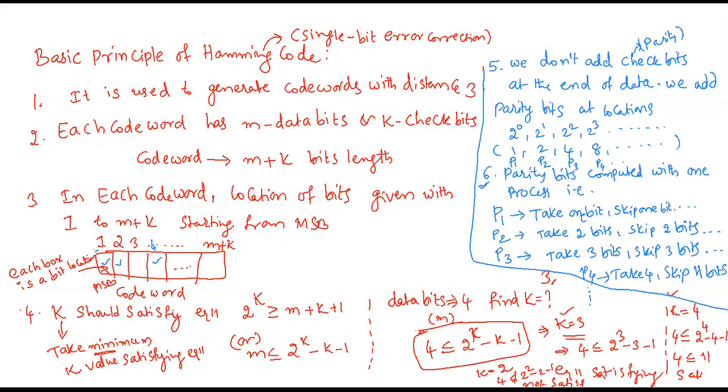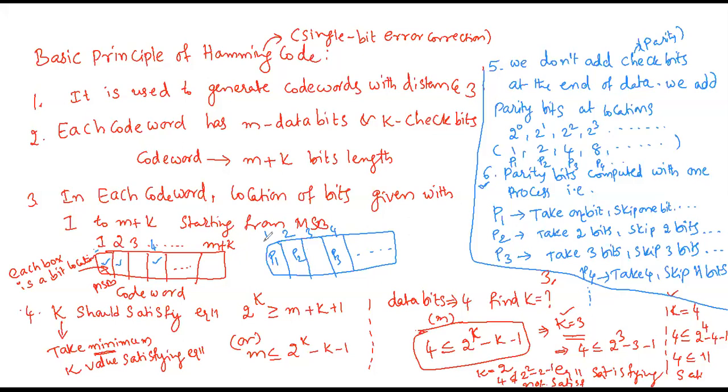Here we have the positions: first position, second position, third position, like this. We are placing the parity bits at 2 to the power of 0, the first location, P2 at the second location, P3 at the fourth location, like this. In error correction, we need to find out the location.